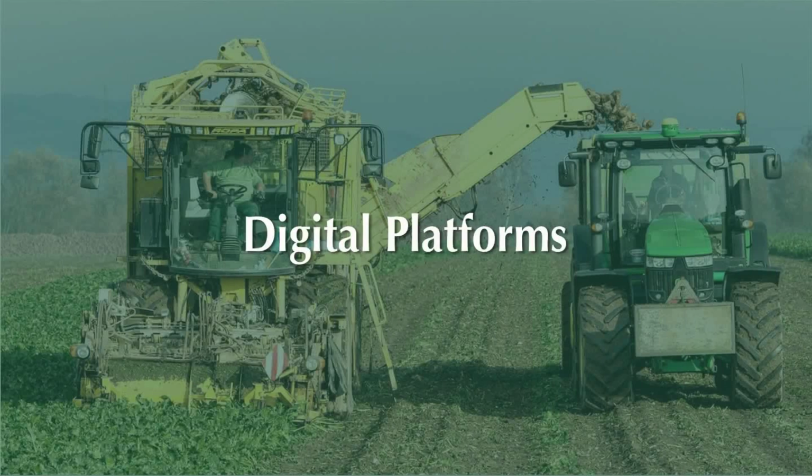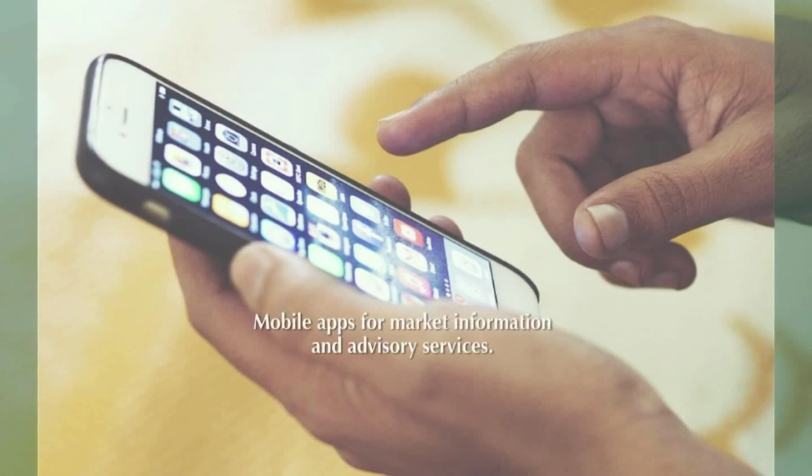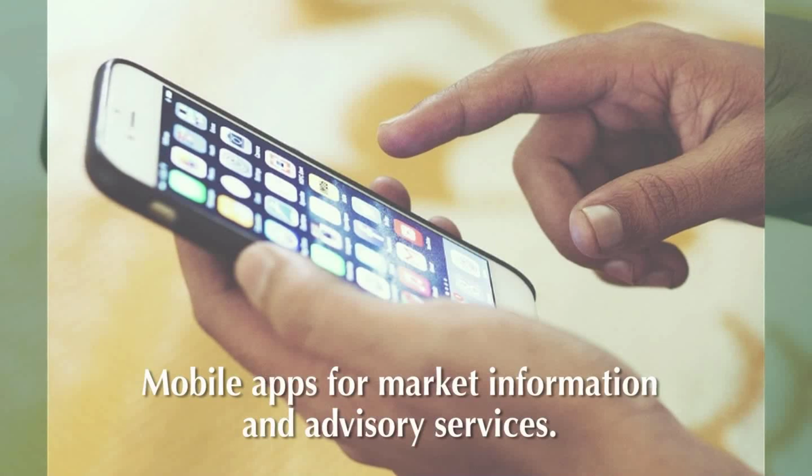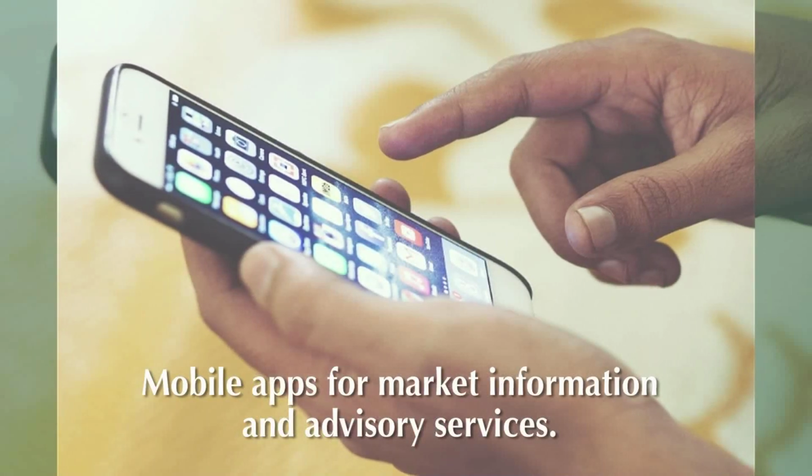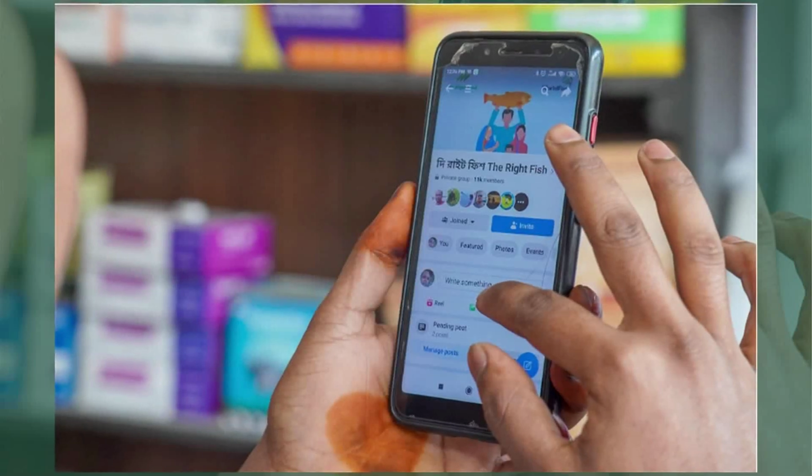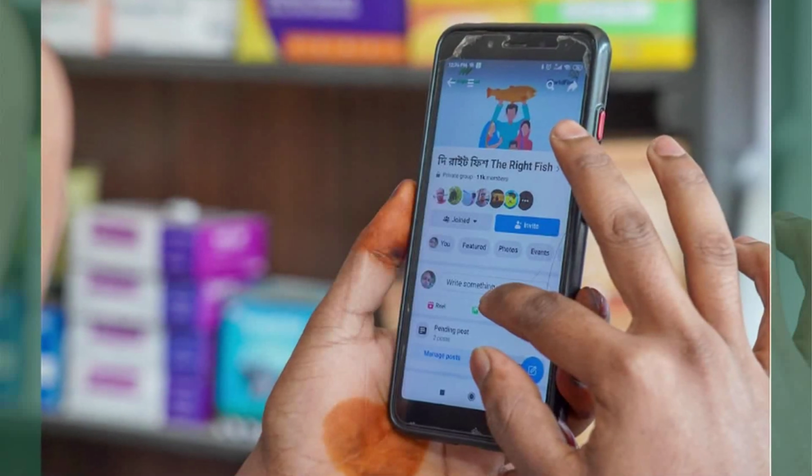and ultimately the increase in production and productivity of agricultural activities will ensure food and nutritional security. Another important role of technology and innovation is the use of digital platforms. We can think of mobile apps for market information and advisory services to the needy people such as farmers and consumers.